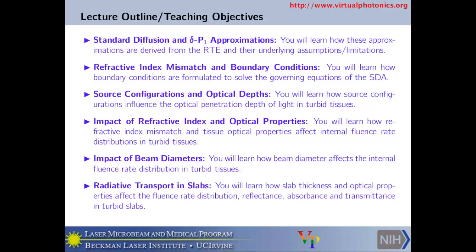Then the next thing that we are interested in is solving the light transport for a source of light. So there are various ways you can express sources or generate sources in tissue, and we'll talk about how that's incorporated in these analytic expressions. And we'll talk about optical depths.